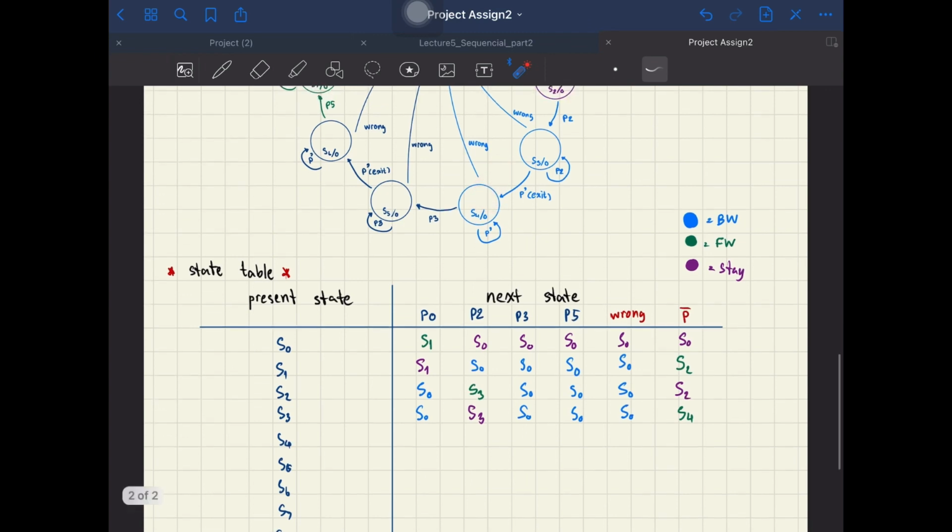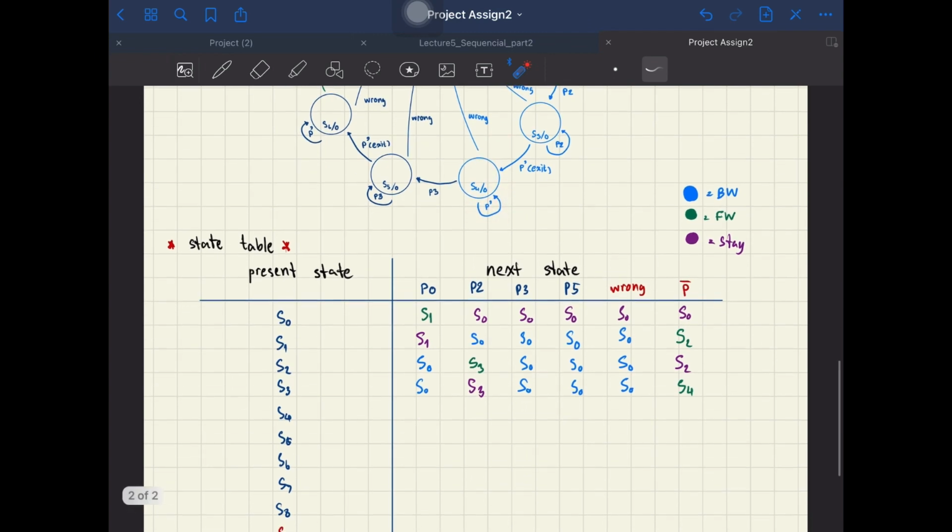State 4. To stay in state 4, we must press nothing. Stay in state 4, press nothing. And then if we wanna go to state 5, we need to press 3. We need to press P3 to go to state 5.